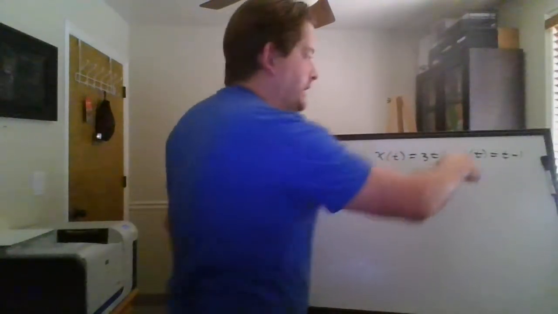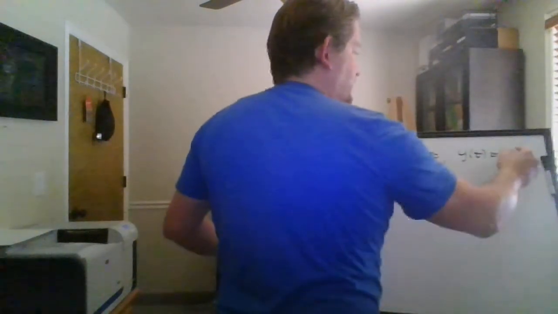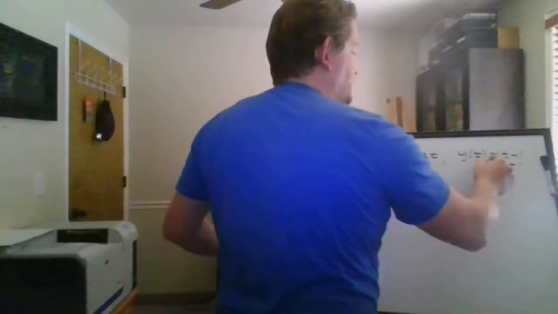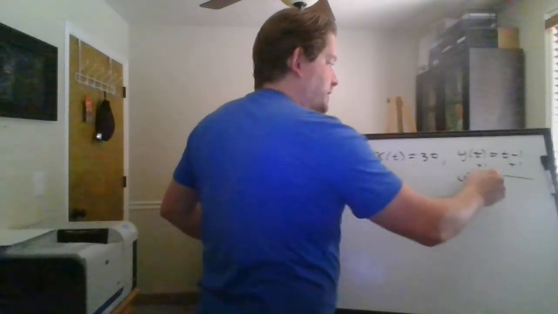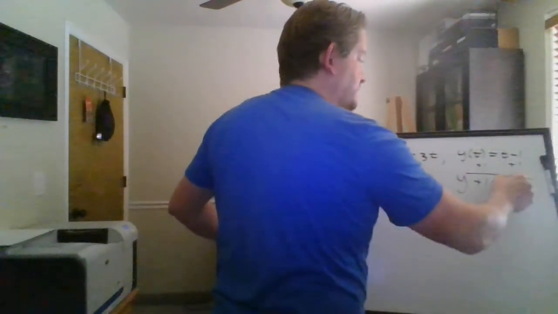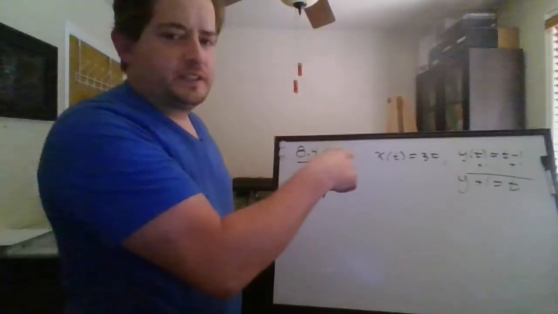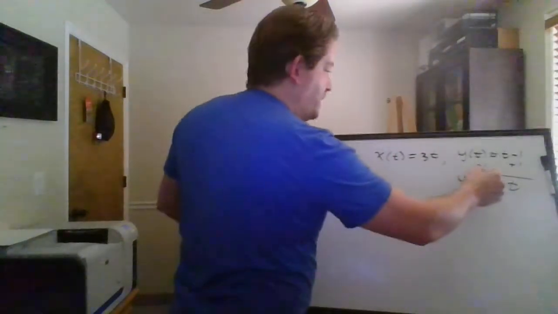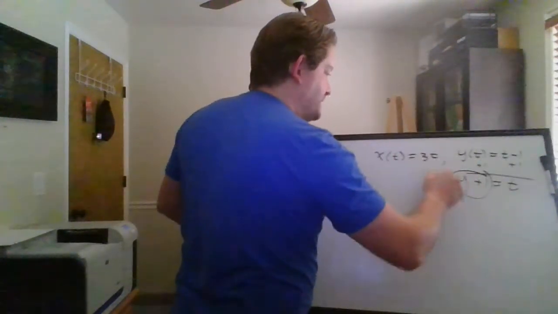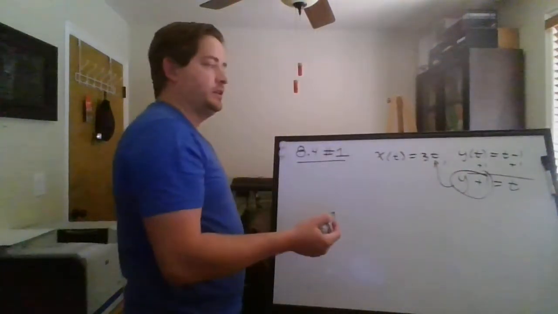So if I add 1 to both sides, y plus 1 is equal to t. But I have an equivalence now for t. T is equal to y plus 1. That means I can take this y plus 1 and replace the t in the other equation.